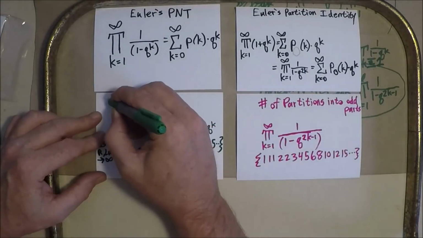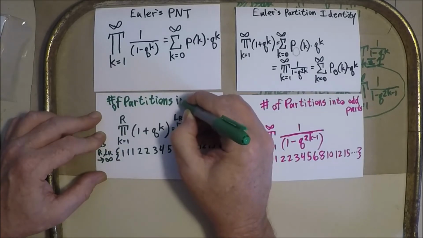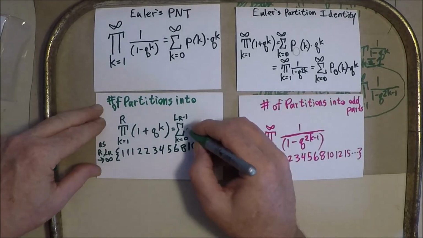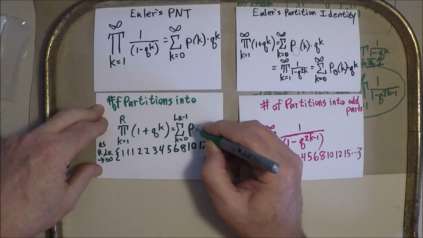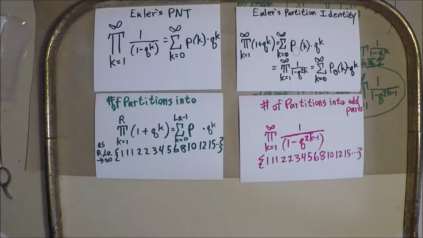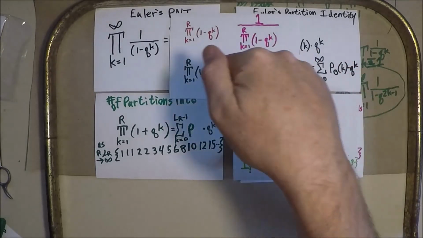So we know this one is the number of partitions into some kind of parts. So we can figure we're going to have a p here, and it's just down to what subscript goes in here that defines what they are. And once we know that, then we can relate it back to its indicator sequence, aka its inverse.